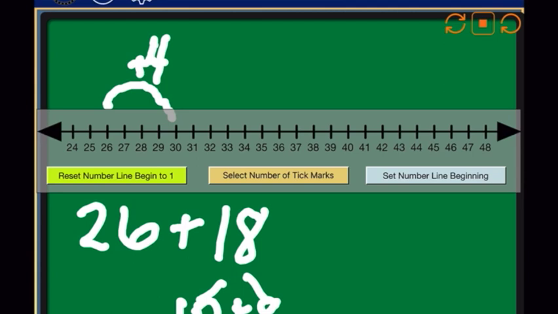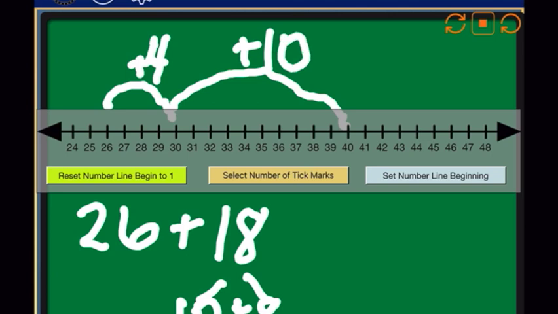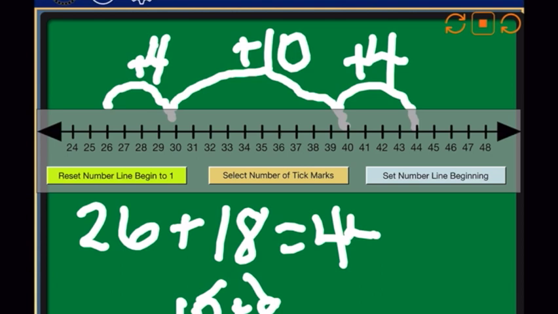And then all I have left to add, because I've already added 4, is 14. And then I could do a whole jump of 10 from 30 to 40, because that's easy. You're just counting by tens. And then I could add another jump of 4 from 40 to 44 and end up with my answer.